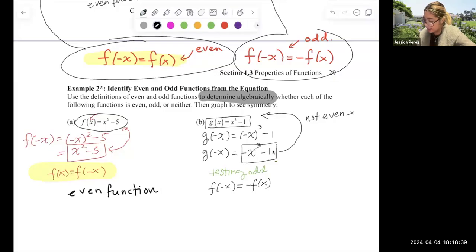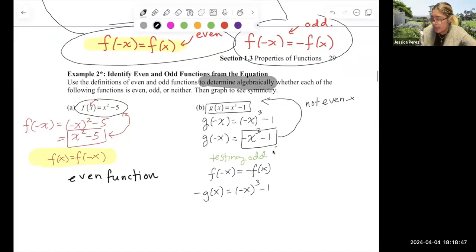So I'm claiming I have to have a negative g of x is equal to negative x cubed minus 1. So see how I let this be negative, but also x be negative? Because now I'm testing odd. So that's a negative g of x is equal to negative x cubed minus 1.